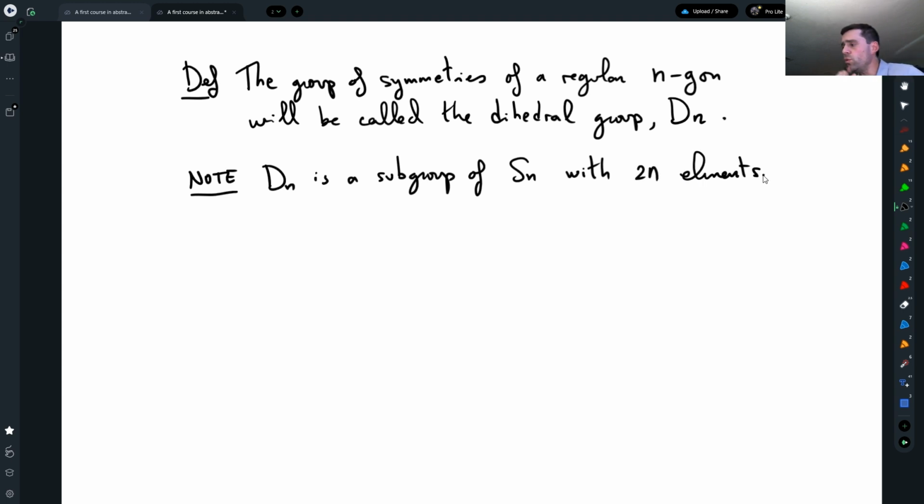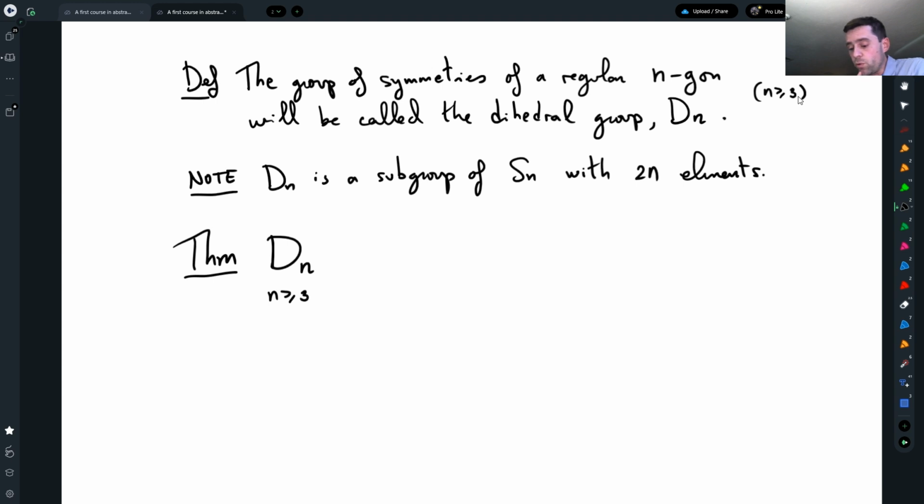Okay, we'll see some concrete examples in a moment, but what I want to do first of all is the following. This is our first example of a presentation of a group: Dn abstractly, for some n bigger or equal to 3; of course there is no 2-gon, the 3-gon is the smallest such example.